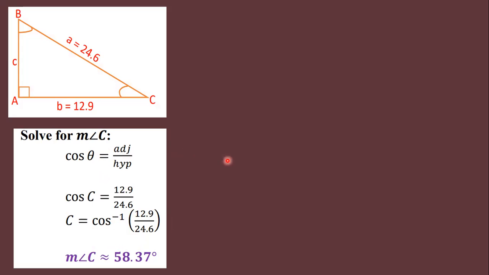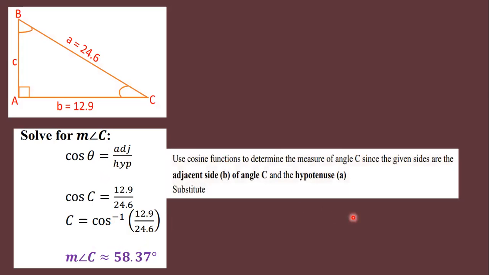That's the answer for angle C. We use the cosine function to determine the measure of angle C since the given sides are the adjacent side, which is B, of angle C, and the hypotenuse, which is A. In this case, we substitute here the given.